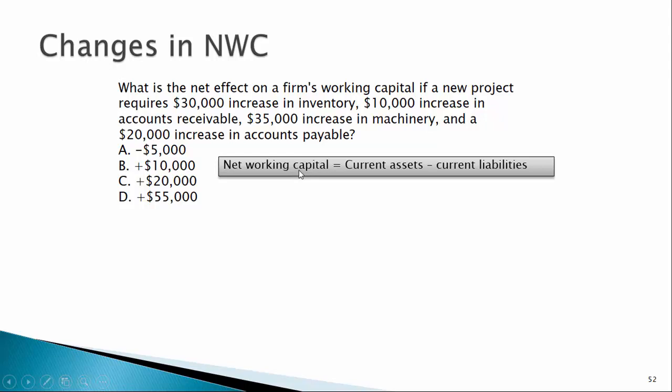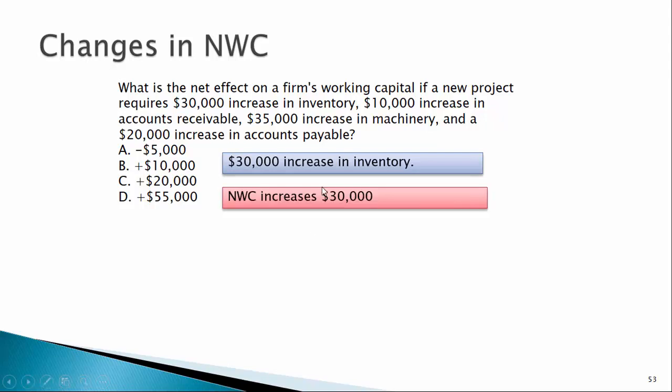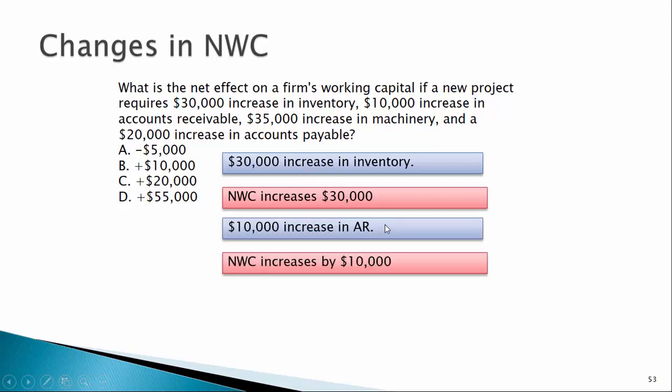Remember, the net working capital is current assets minus current liabilities. So I have a $30,000 increase in inventory. That's increasing my net working capital by $30,000. And that's a current asset that gets larger. There's a $10,000 increase in accounts receivable. Right? That again is a current asset that gets larger.